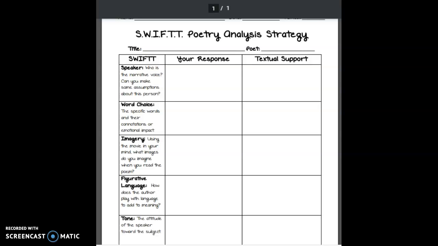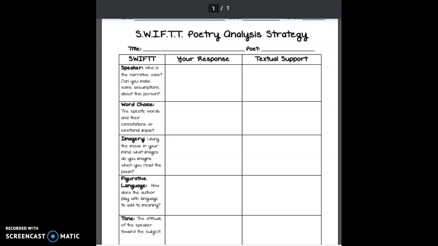The next letter in SWIFT is I for imagery. Okay, when we think about imagery, we look beyond what we just see, and we pull in our other four senses or our sensory details, right? We're looking for lines that are very descriptive, okay?